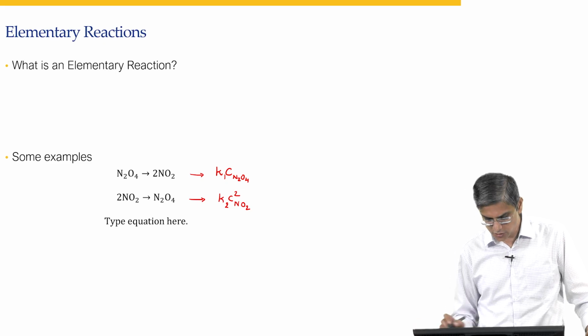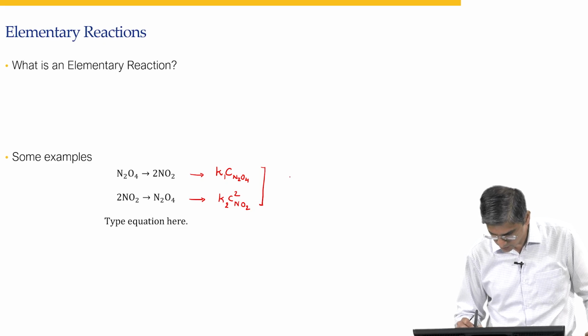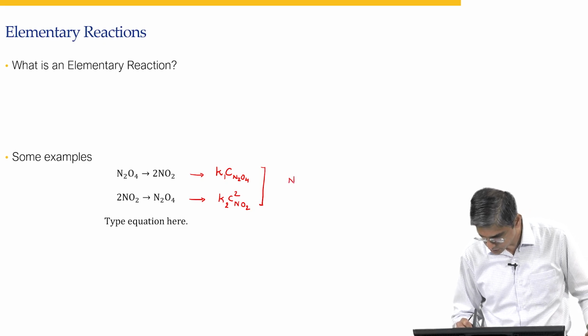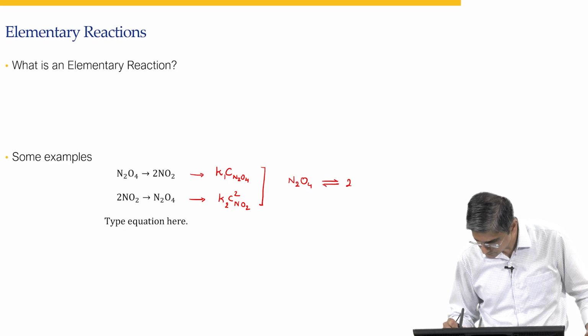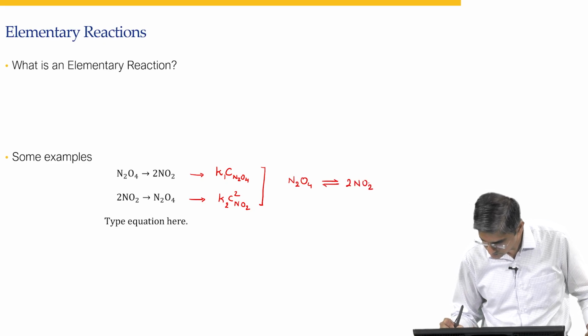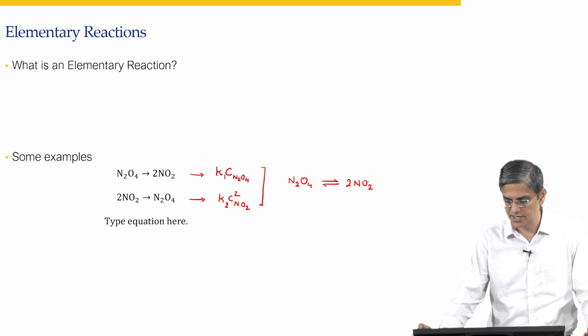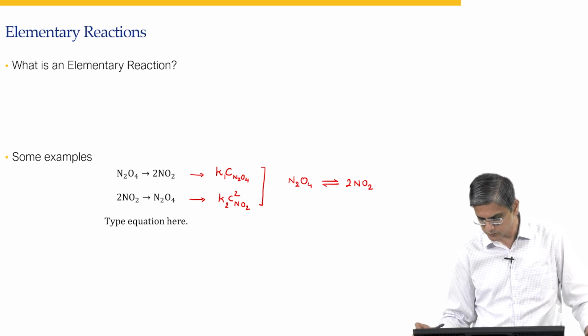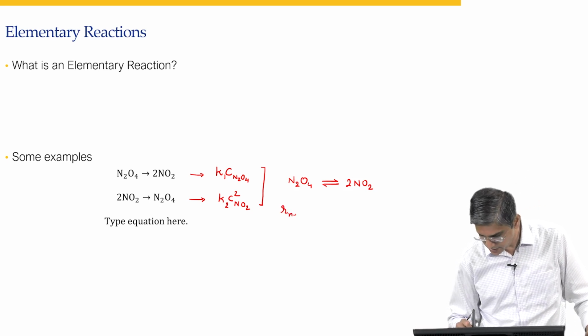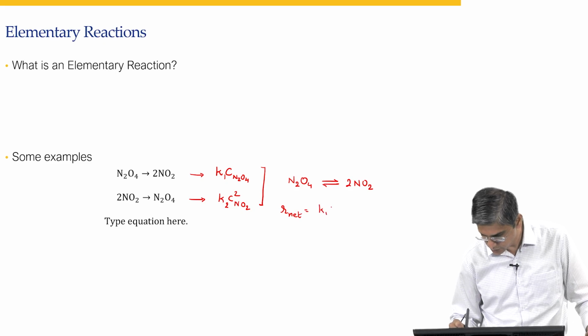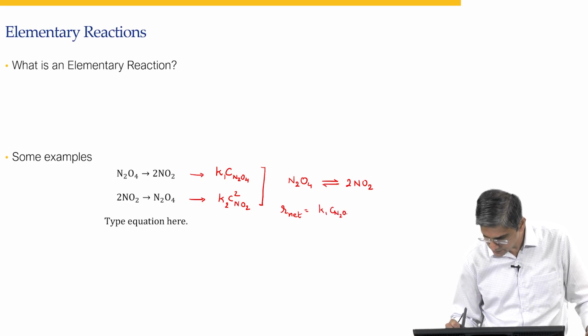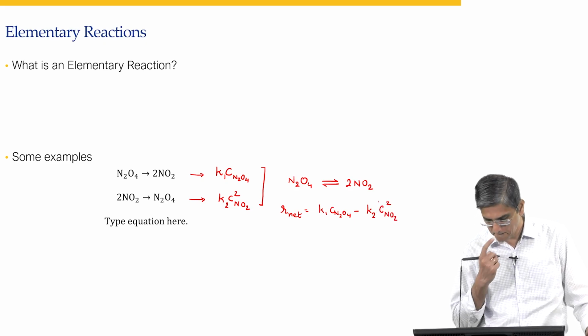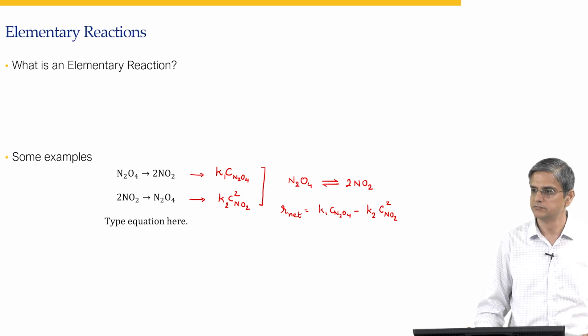You would also notice that these do form a reversible pair, as a reversible reaction. And here again our net rate is going to be K1C to the power 2.